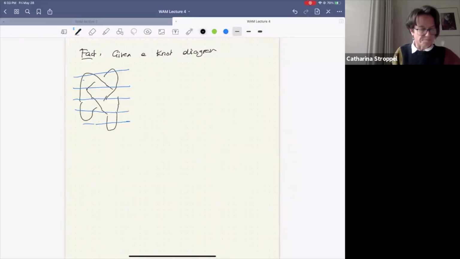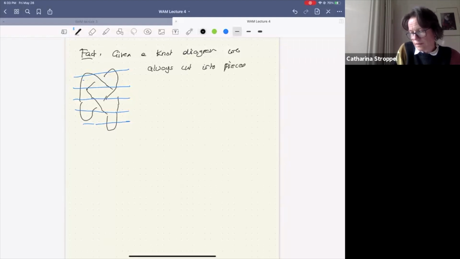Okay. So the fact is, given a knot diagram, we can always cut it into pieces of the form identities, just strands, or crossings, like this, or cups and caps.